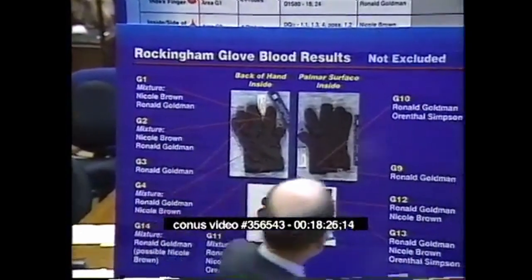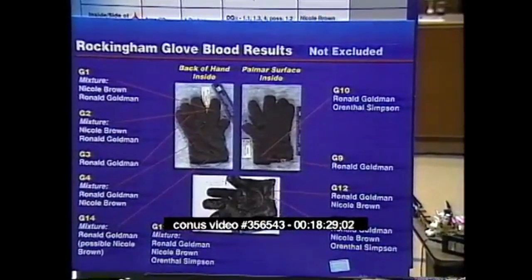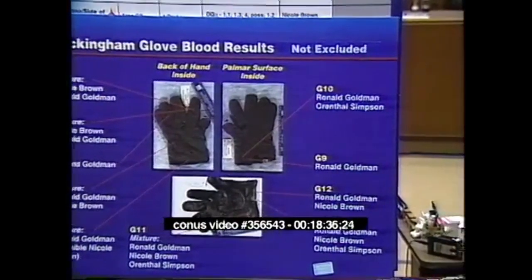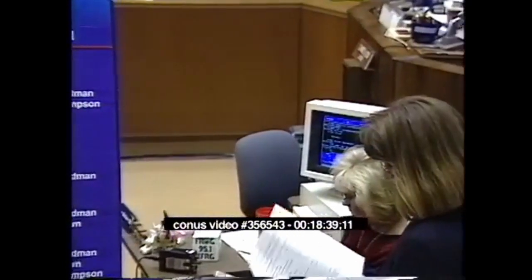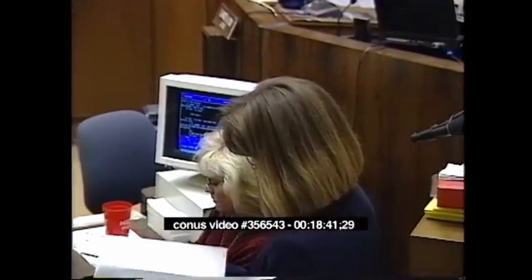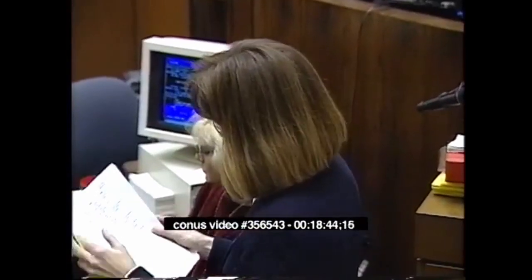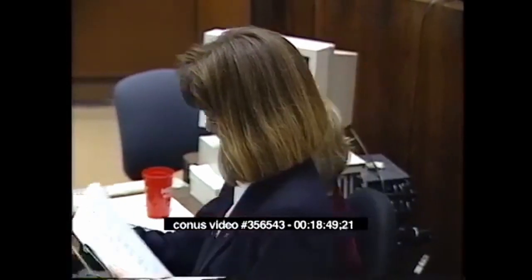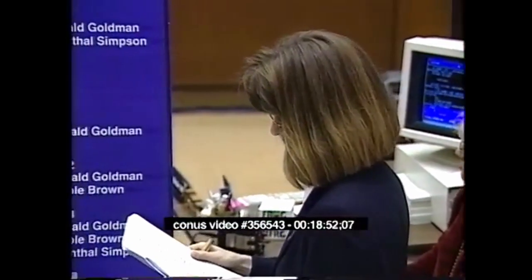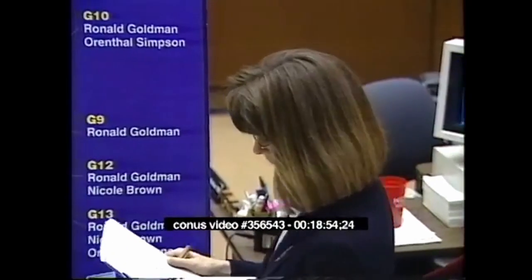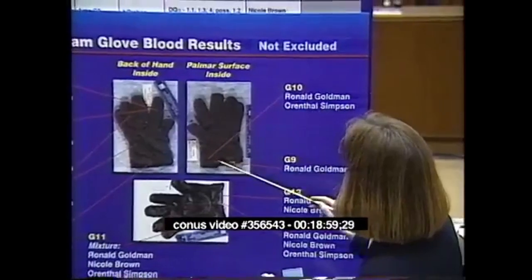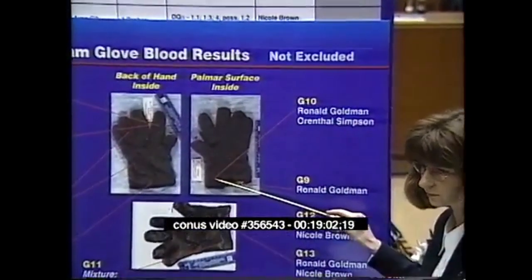Okay, would you point out to the jury where the stains which produce the 25 allele are, or where they were? Once again, just by looking at my notes to get the exact item numbers. A 25 allele was detected on G10.